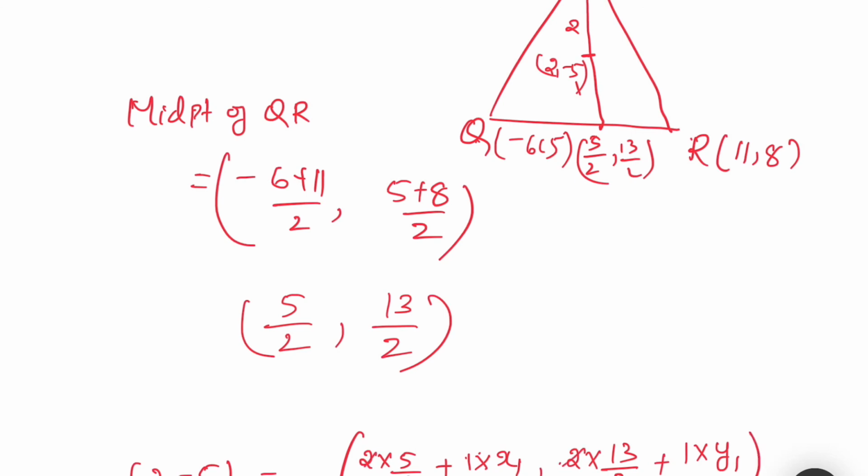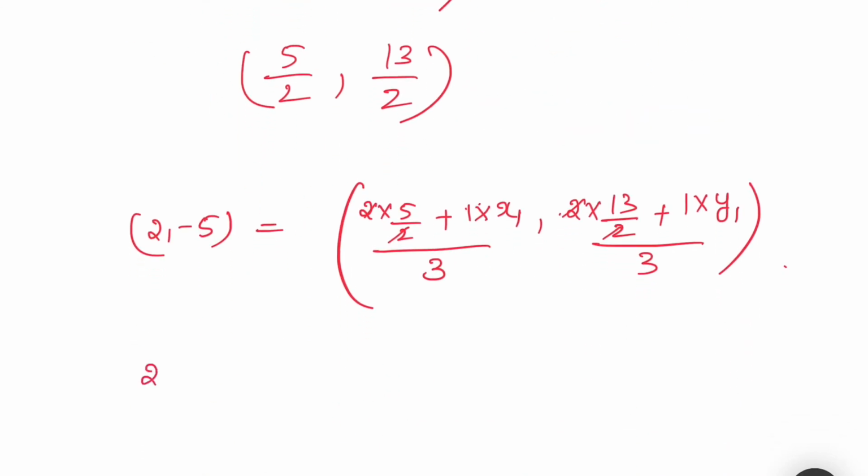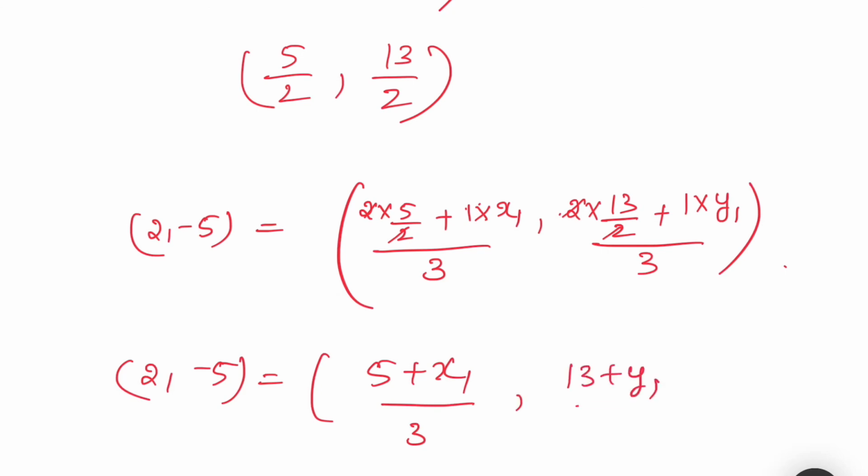So we can cancel this. So finally what you get? (2, -5) equal to ((5 + x1)/3, (13 + y1)/3).